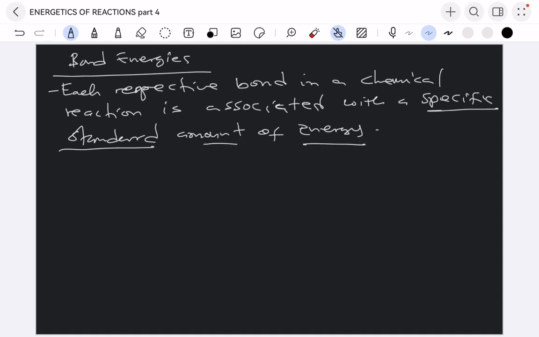So each respective bond in a chemical reaction is associated with a specific standard amount of energy.